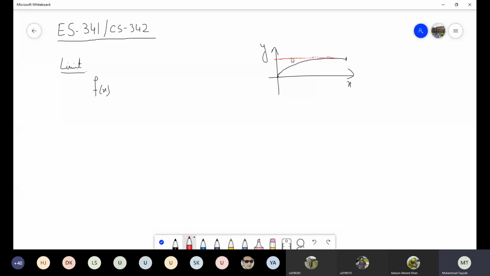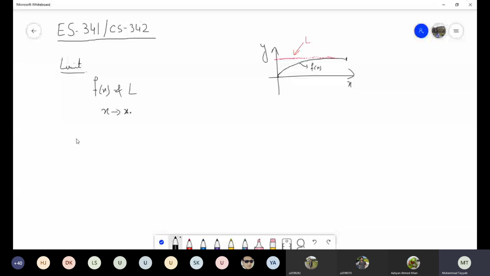And this line is basically called the limit L, and the black one is the function f of x. So while defining the limit, the function f of x and the limit L, in both cases there is a point x which is approaching x naught within the interior of the disk.